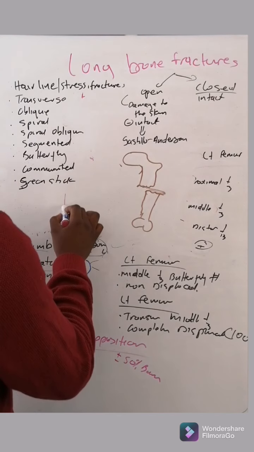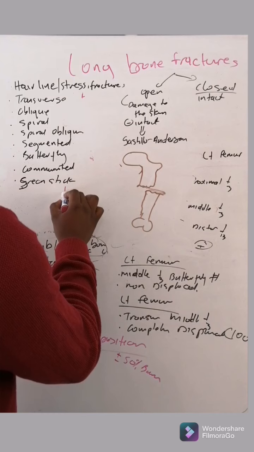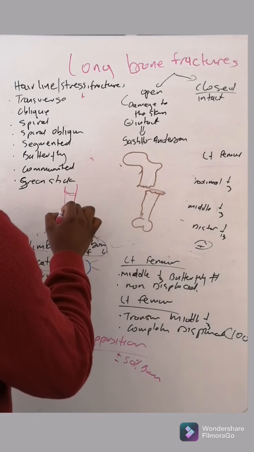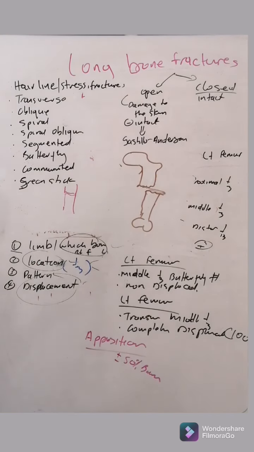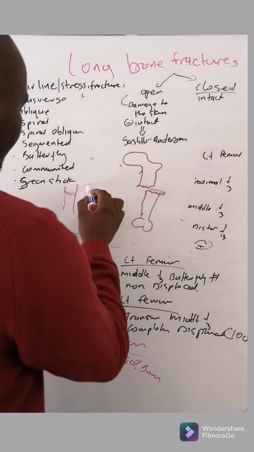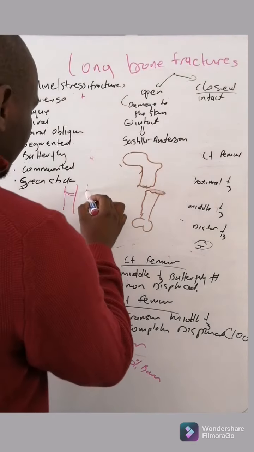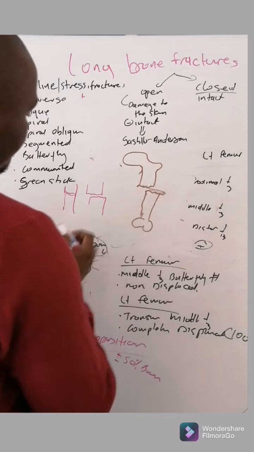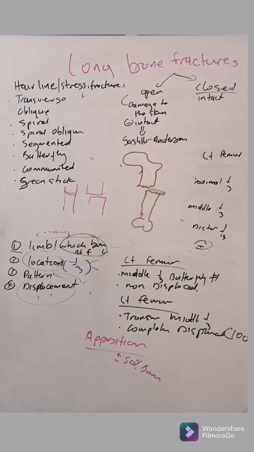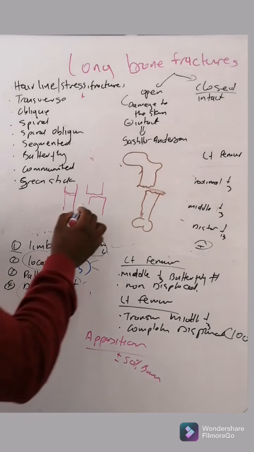So if it's like this, the two fragments are in line. As much as there's a fracture, the two fragments are aligned. But if you have something like this, it is about 90% bony apposition.